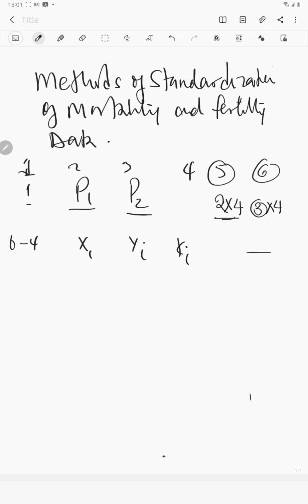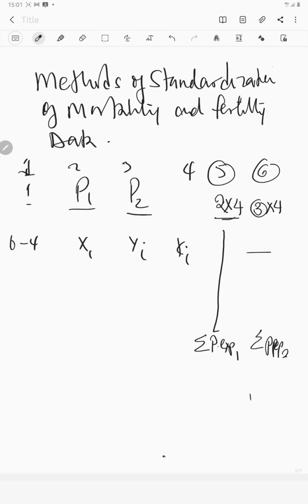And then when all is said and done, you get the summation of expected deaths in population 1, and the summation of expected deaths in population 2.